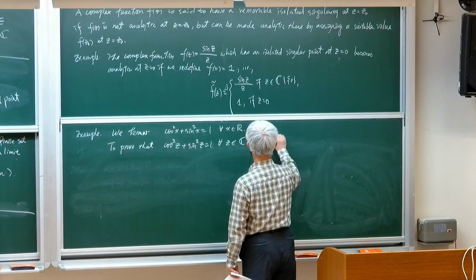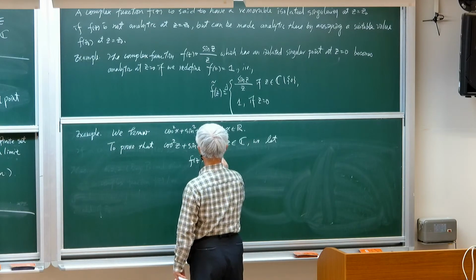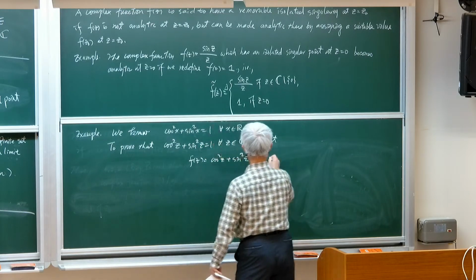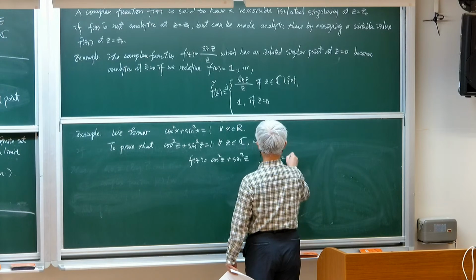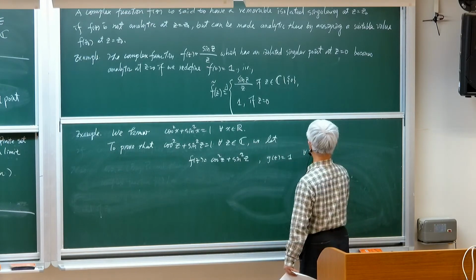So we let f of z be cosine square z plus sine square z, and g of z equal to 1, for all z in the complex plane.